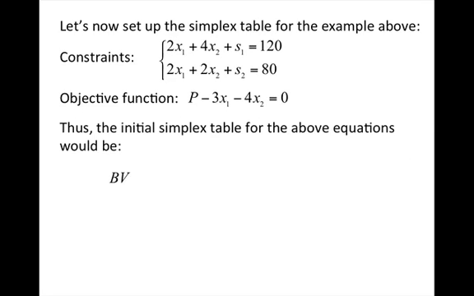So for this example, I'm going to start with my basic variables, and then I'm going to start my matrix. The first column label inside it is going to be a P. Since I have an x sub 1 and an x sub 2 as my variables, I need a column for x sub 1 and x sub 2.